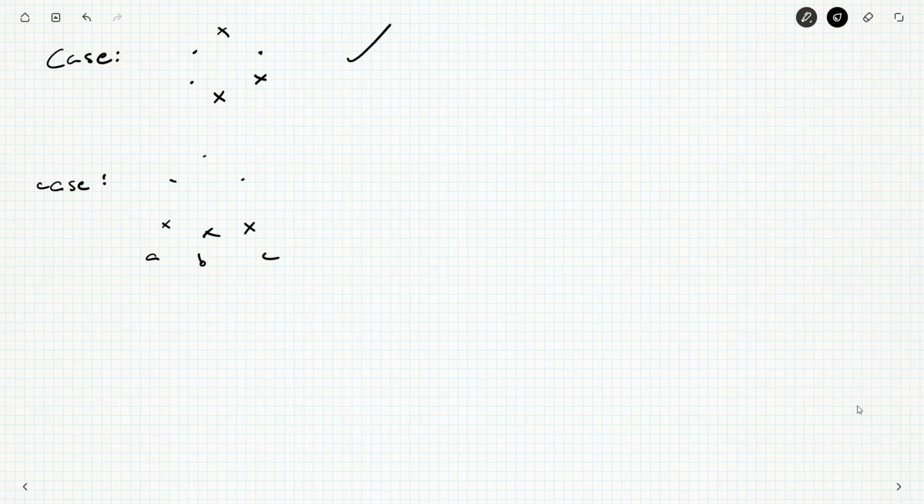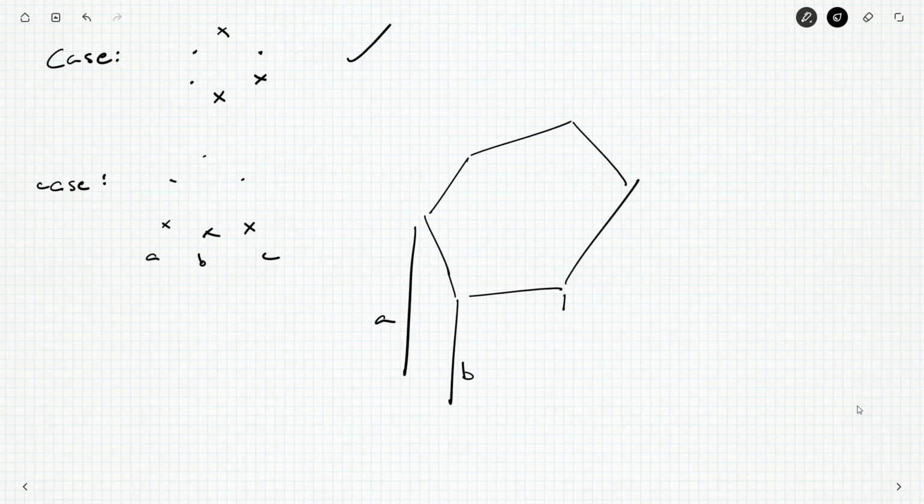Maybe A, B, and C. I know A, I know B, I know C, and I want to figure out this length G. It's entirely possible I don't need to always figure out G, and I will have to figure out D, E, and F, but that 6G formula is really nice.